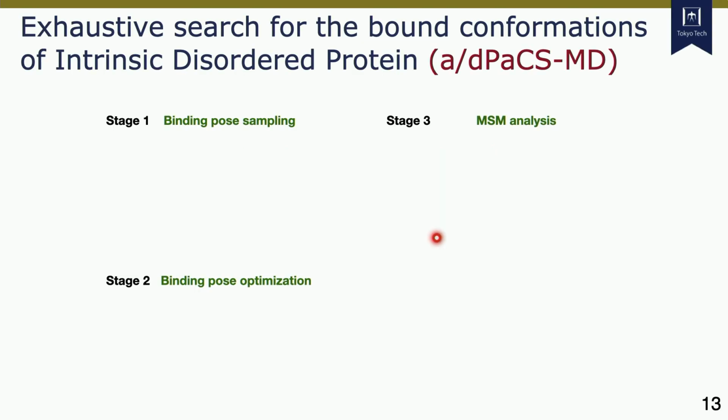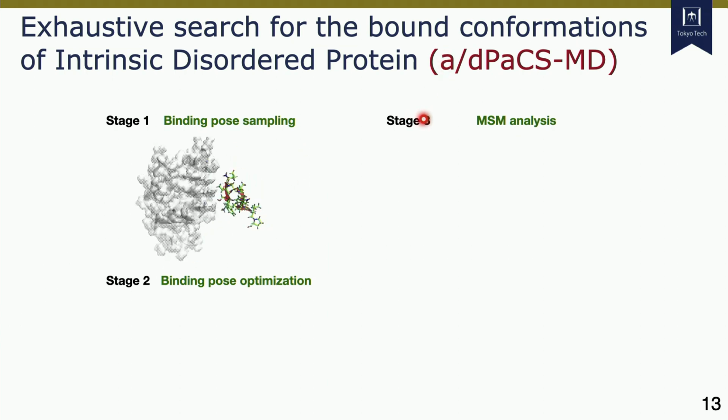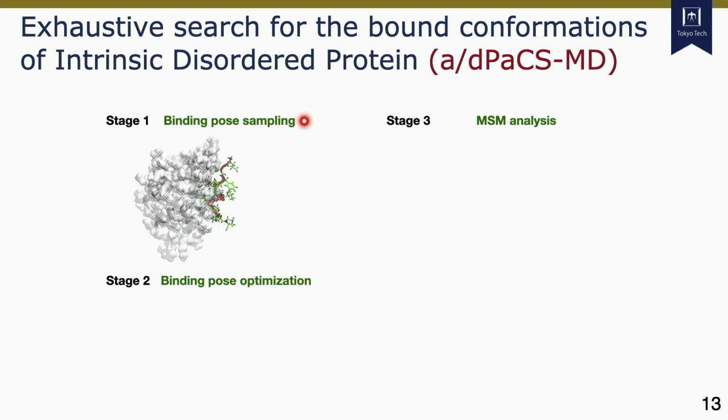We think about a more advanced technique we call AD PAX-MD, where A stands for association and D stands for dissociation. So we try to do an exhaustive sampling search for bound conformations of intrinsically disordered proteins. We try to perform association and dissociation consecutively.